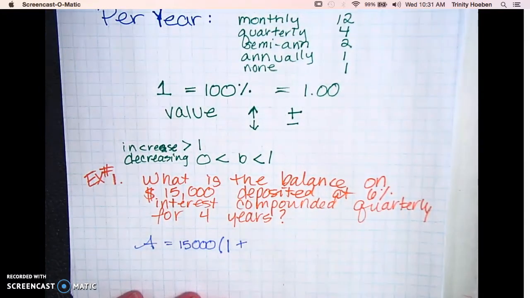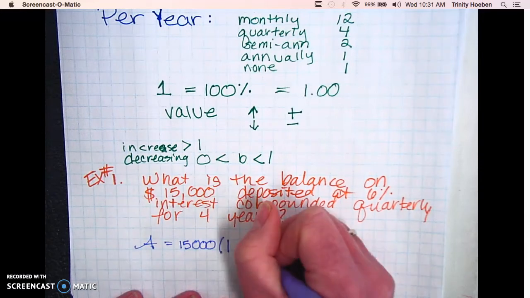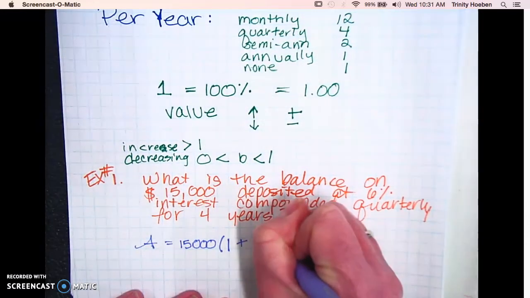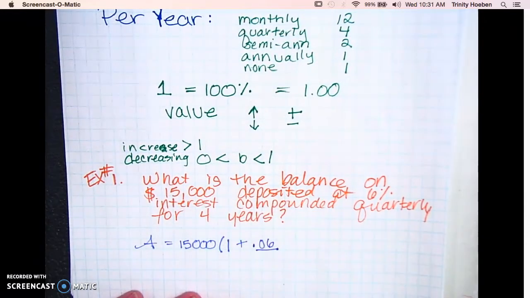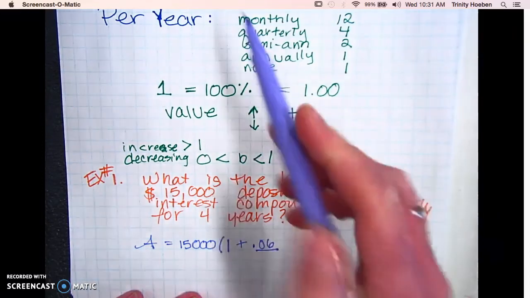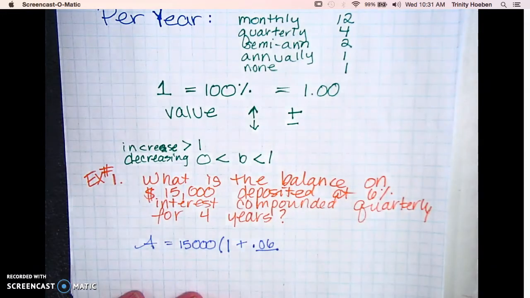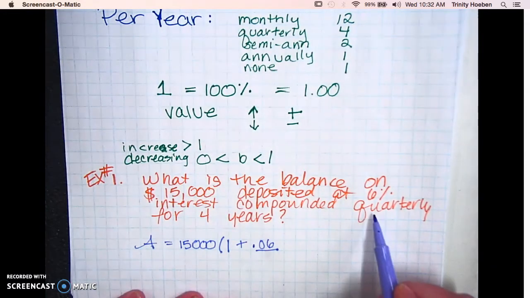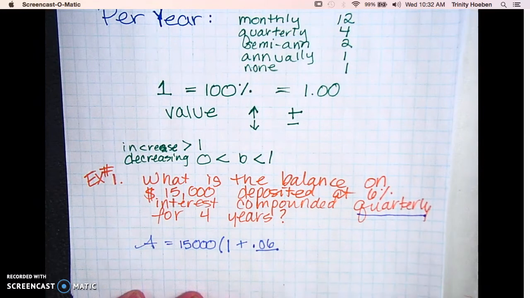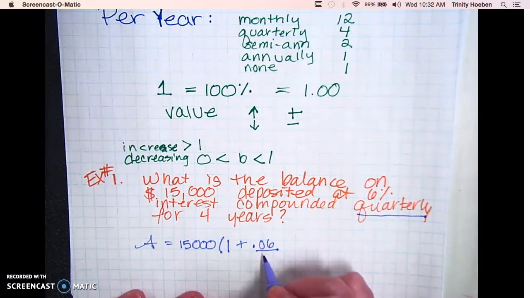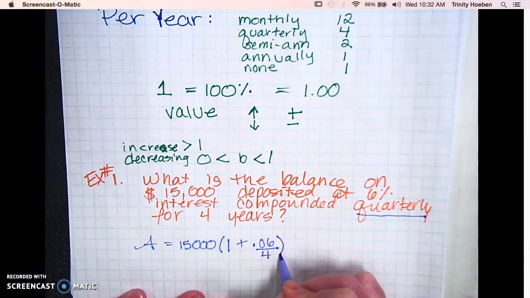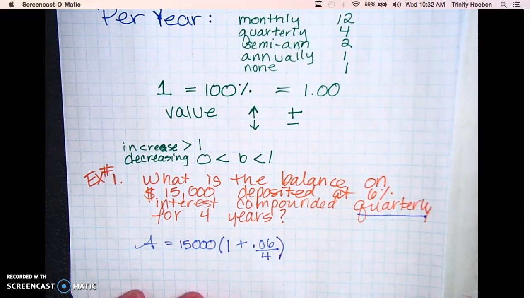So we take the decimal and we move it 2 places to the left, and that's going to give us 0.06 divided by, or over, the number of times the interest is given per year. Okay, so per year it said what? Quarterly. So quarterly is going to mean 4 times per year. Okay?